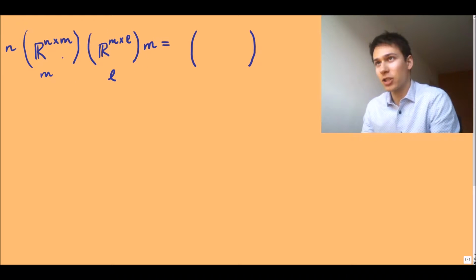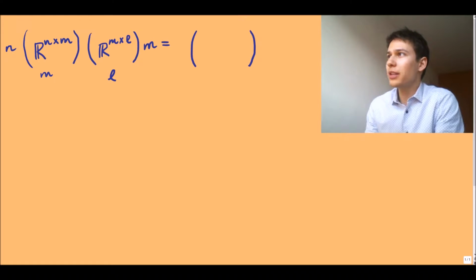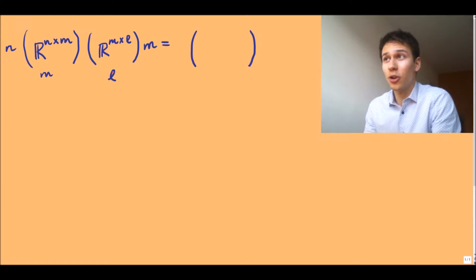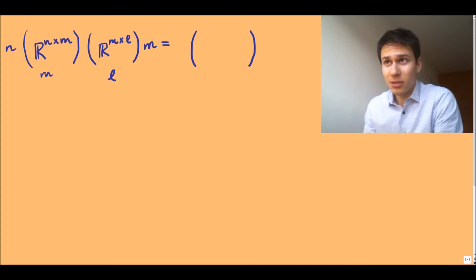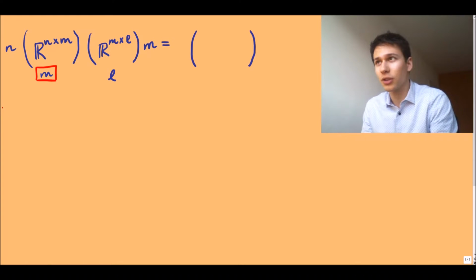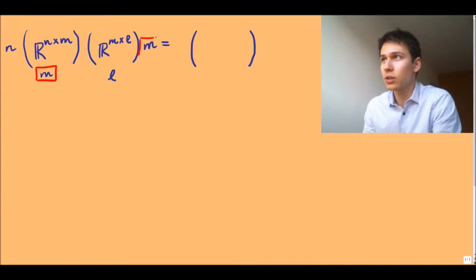And from these dimensions, we can figure out what the dimension of the resulting matrix needs to look like. Now, probably you saw that I chose the same dimension for the number of columns of the first matrix as for the number of rows of the second matrix.